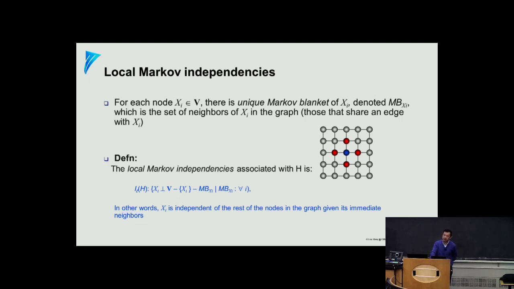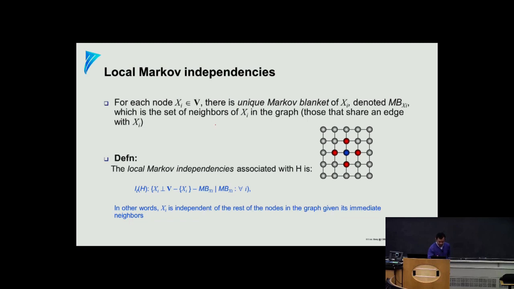Remember, in the Bayesian network, I said that any node is conditionally independent of the rest of the graph, given its parents, children, and children's co-parents. Remember that law? It's a local property in Bayesian networks. It's kind of awkward. Why do children's co-parents matter? That's because of the V structure and so forth. But in a Markov network, it's a lot more intuitive. It's all your neighbors.